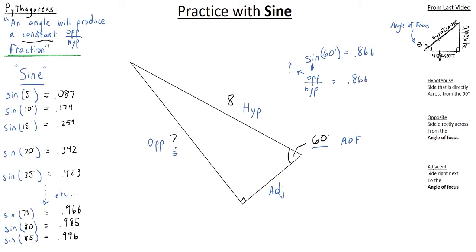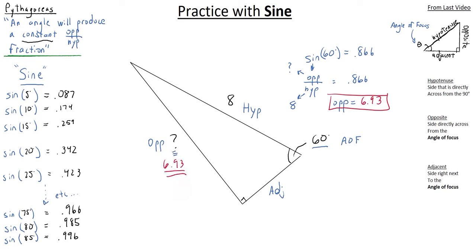The opposite side is an unknown, we don't know it. Hypotenuse is 8, so if we do the algebra, 8 times 0.866, we'll discover that the opposite side's length is 6.93. And that's how you do it.